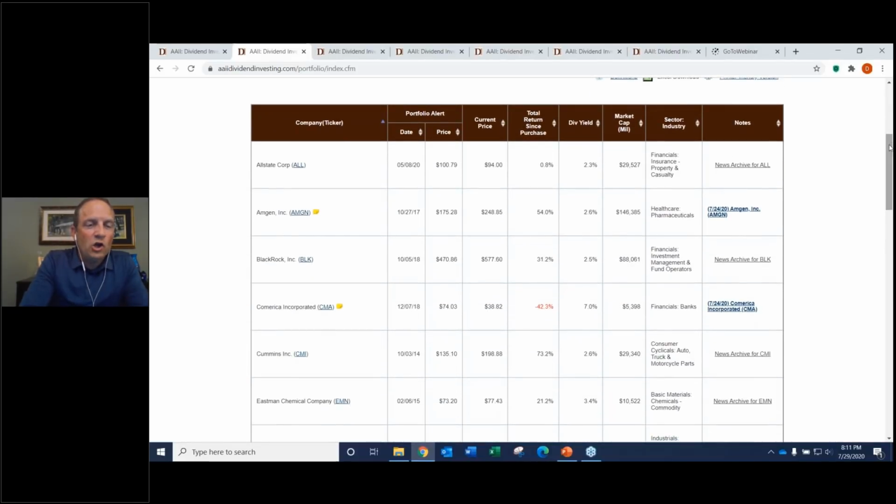So it shows all the companies, so Allstate, Amgen, we own BlackRock, Comerica, Cummins, Eastman. There's a few examples. We highlight the portfolio alert. So when we send an alert out to subscribers, we have the date here, we have the price of the alert.